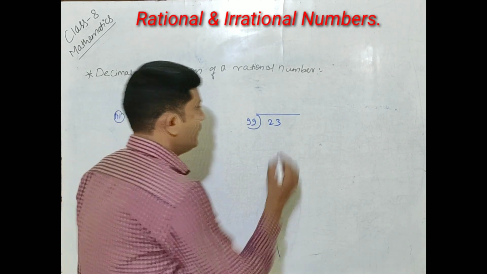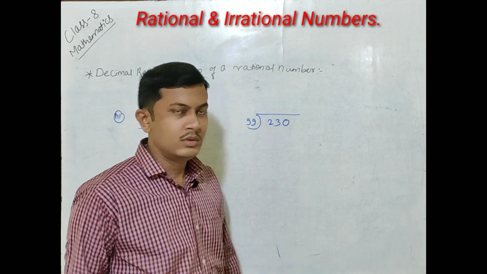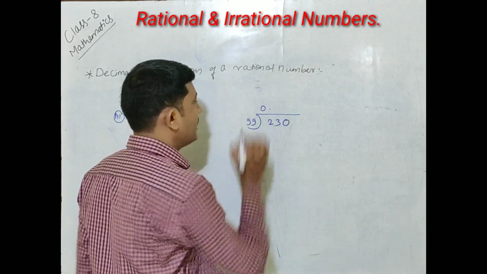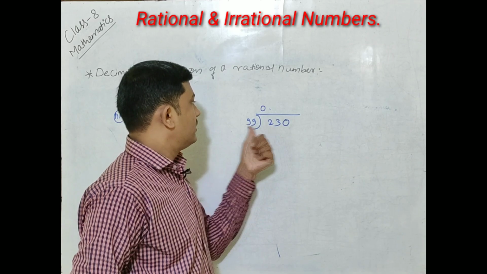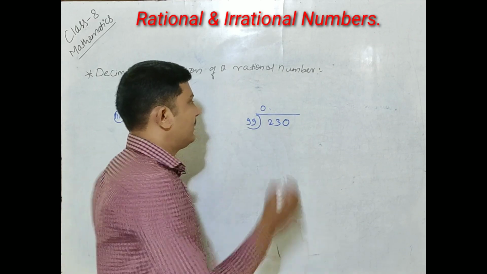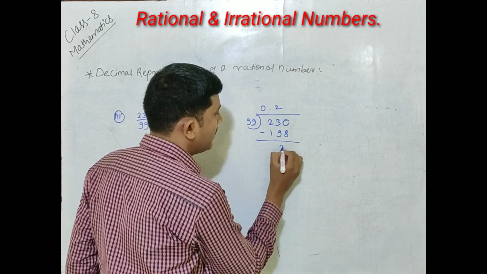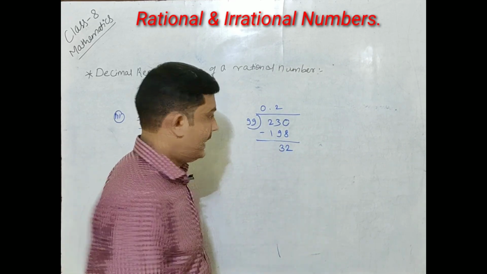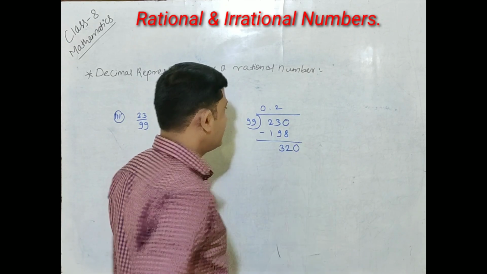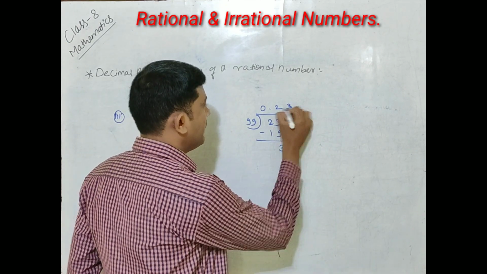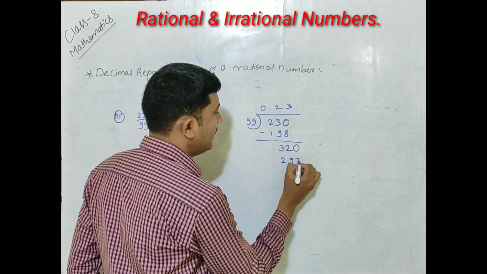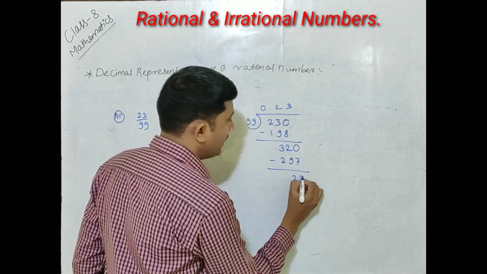So what we do, we take here 0 and give here a decimal point. Now 99 2s are 198. Here remainder is what? 32. Take 1 0. Again 99 3s are 297. Remainder is what? 23.